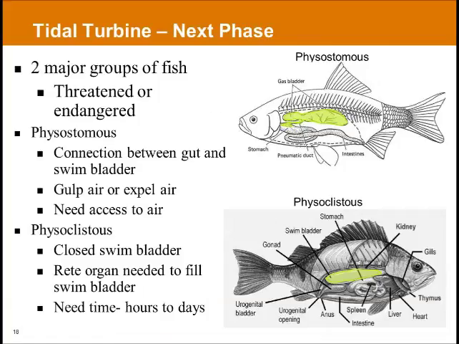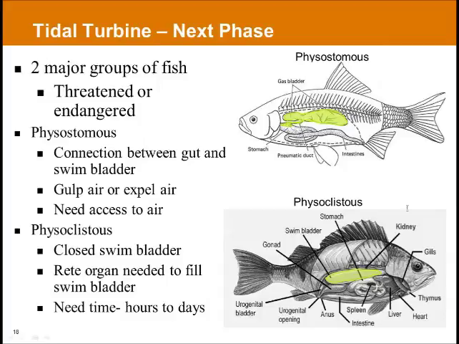So the next phase of this study that I'm working on, you can call that phase 1, this will be phase 2, is to bring in a different species. So I'd use a Chinook salmon, and that's a physostomous fish. A physostomous fish has a swim bladder that has a connection to the gut, which means that they need to gulp air in order to fill their swim bladder, but they can also expel air out of their swim bladder for whatever reason.